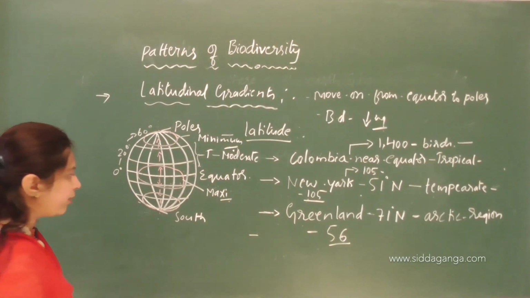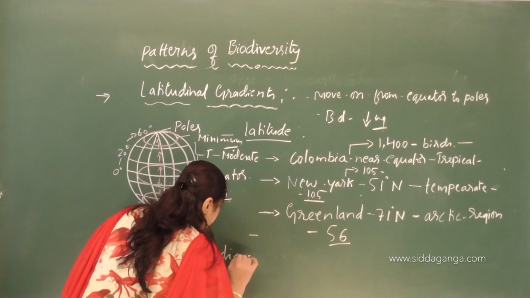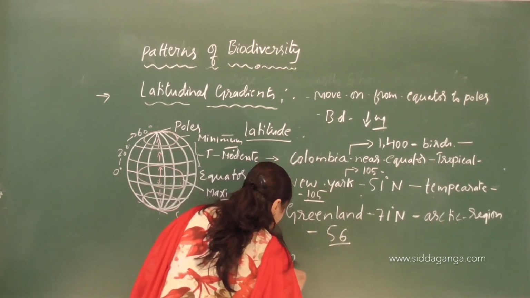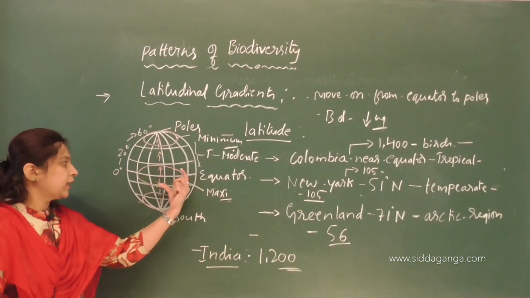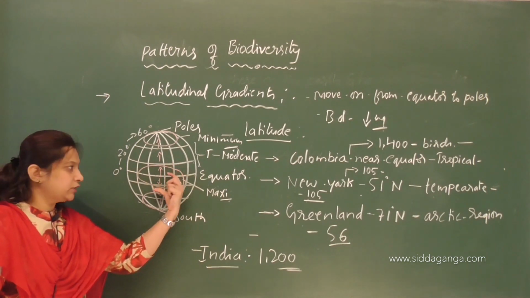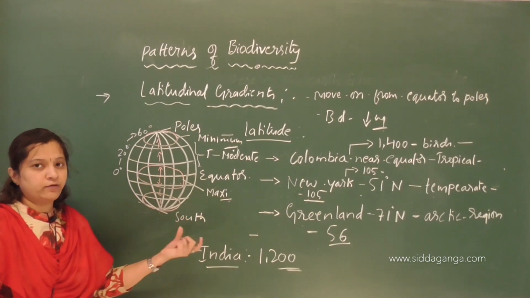And when we talk about India, the number of bird species is more than 1,200. Most of the land areas of India are located in the equatorial region, so this is one of the reasons for the greater biodiversity in India.